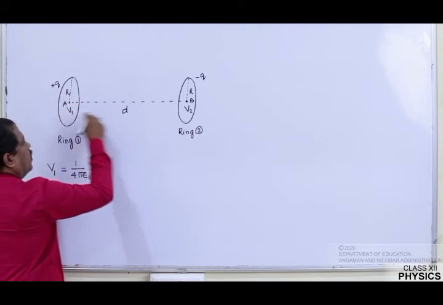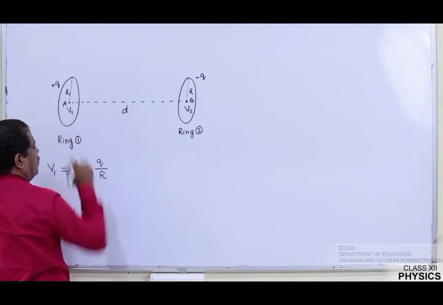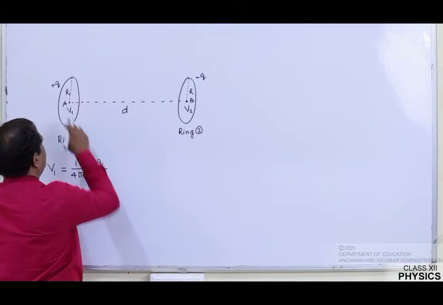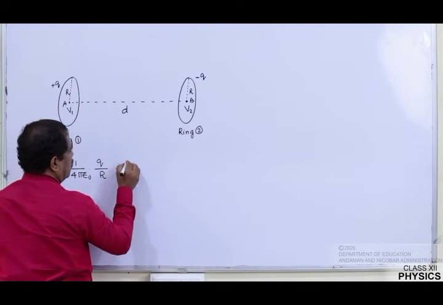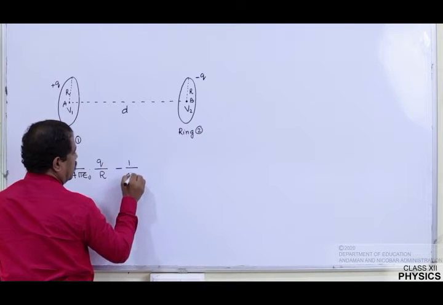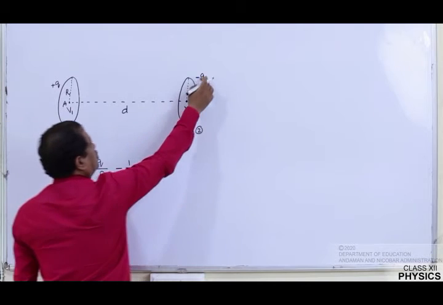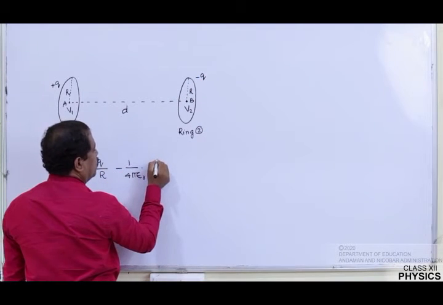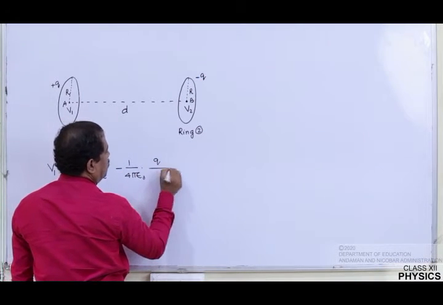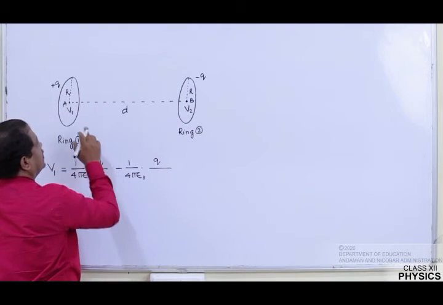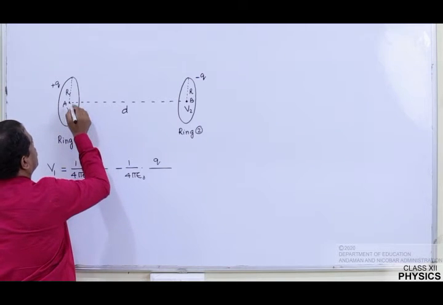At this point A, one more potential is acting. That potential will be negative because of the negative charge, and it will be equal to minus 1 by 4 pi epsilon naught into the charge, that is minus Q, divided by the distance.